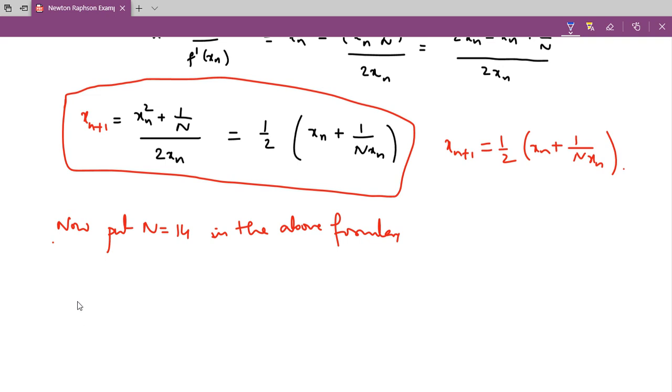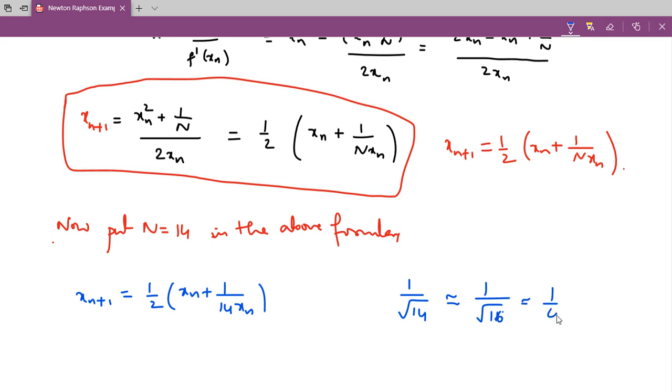So xn+1 = 1/2 (xn + 1/(14 xn)). Now we have to find x naught. 1 by root 14 is approximately 1 by root 16, that is approximately 1 by 4, which is 0.25.